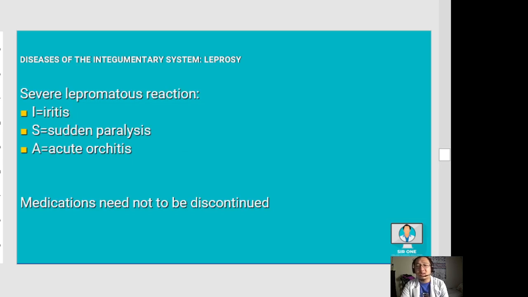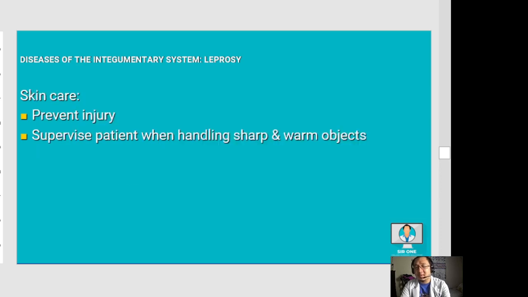Medications need not be discontinued, but still need to be reported and need to be taught to the patients with leprosy or families with patients with leprosy. So health education is very, very important here.